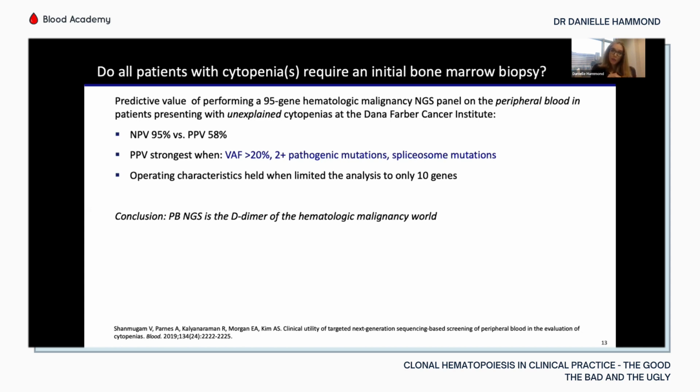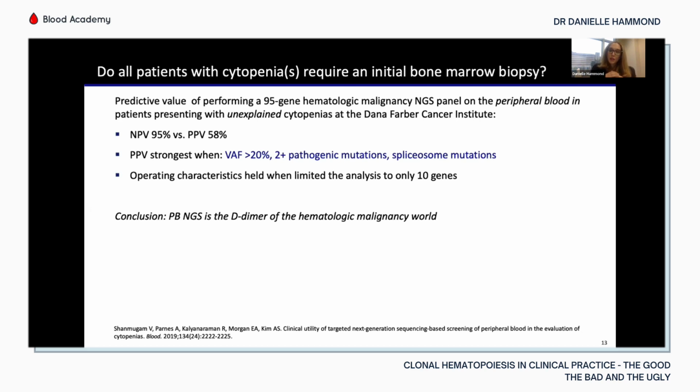And the bottom line was, when it came to the operating heuristics of performing peripheral blood NGS sequencing in such patients, it was a bit like the utility of a D-dimer test when it comes to detecting pulmonary embolus. Essentially, if the NGS panel was clean, it had a very strong negative predictive value for this patient in the ensuing 6 months or so to go on and be diagnosed with a bona fide hematologic malignancy, whereas the positive predictive value was pretty equivocal.